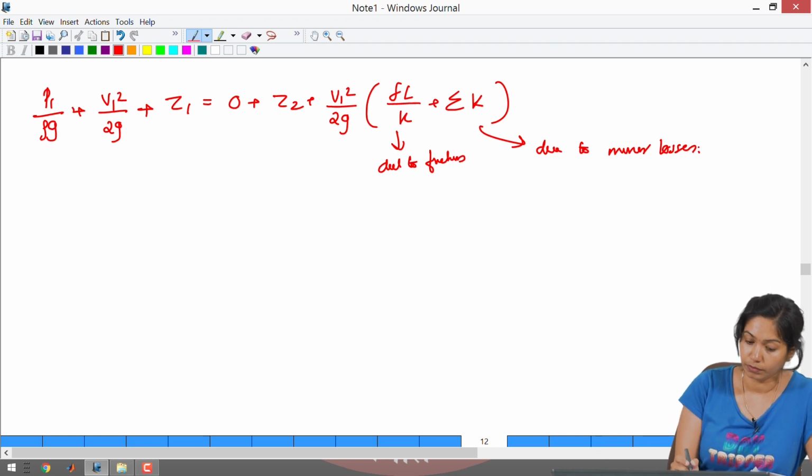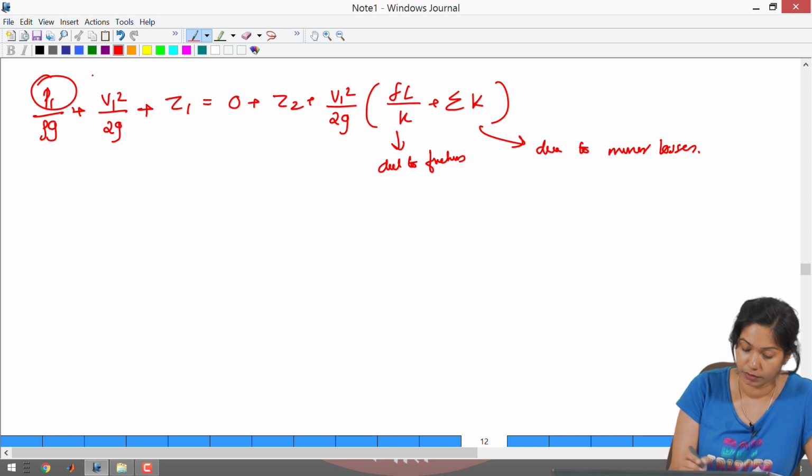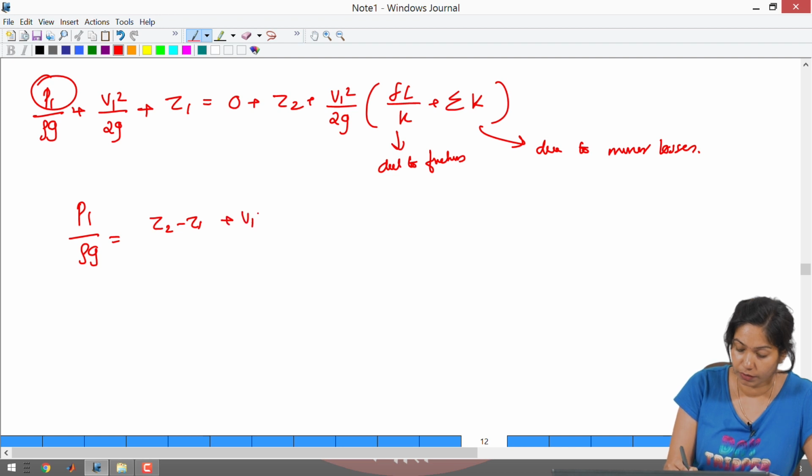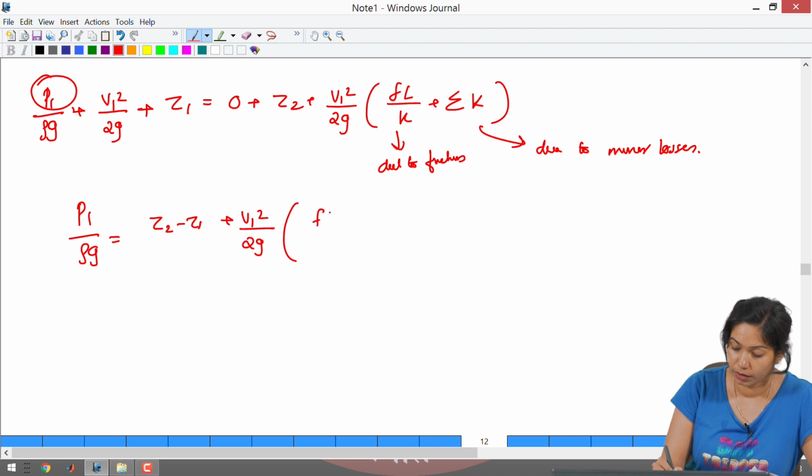From this we have to calculate the gauge pressure at point 1, that is P1. For that, P1 by rho g equals Z2 minus Z1 plus V1 square by 2g times fL by D plus sigma K minus 1.